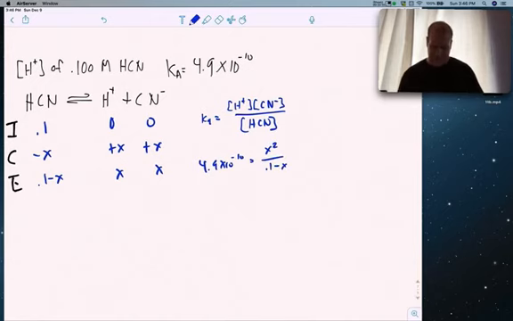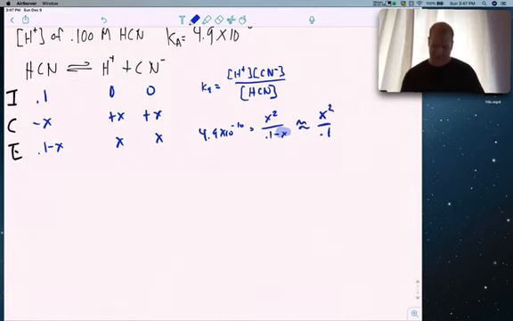Okay, so in doing so, you can look at this. Remember, we can discount this x, so with that really small Ka, this is equivalent to x squared over 0.1, more or less. So that means we have 4.9 times 10 to the minus 11 equals x squared.